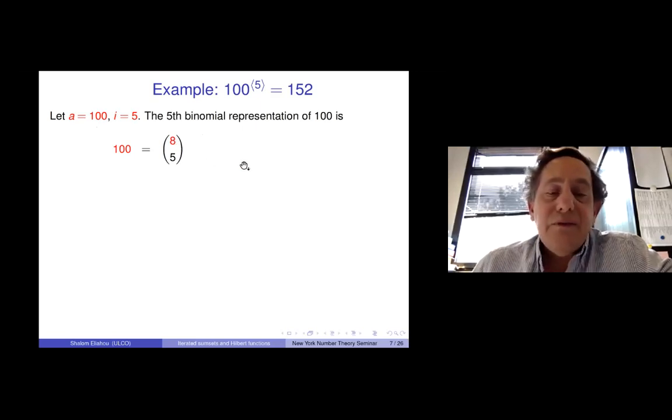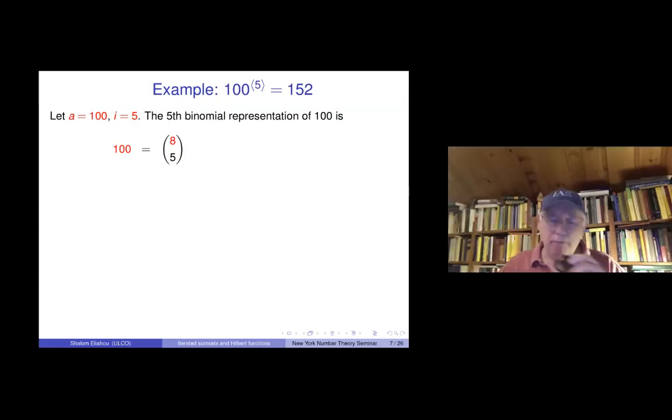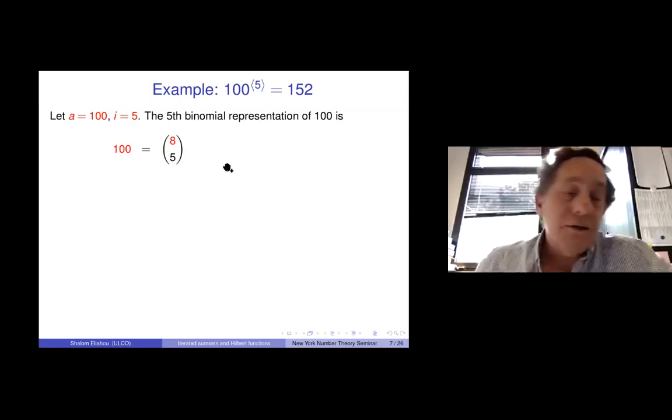So in fact, 8 choose 5 is 56, that's okay. It's less than 100. And if you had taken 9, then this is 126, and so 9 does not qualify. So you take the largest.